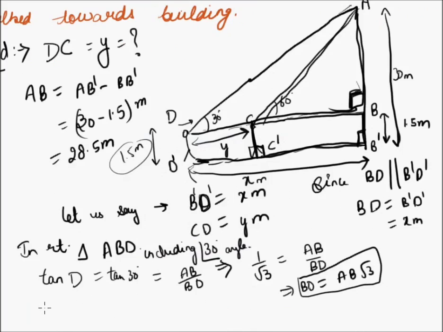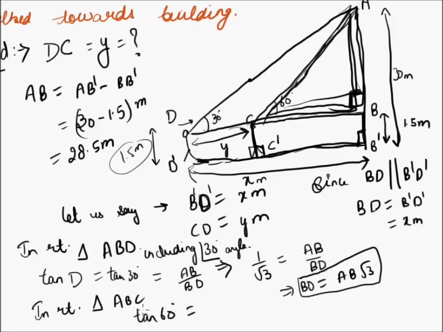Similarly, in right triangle ABC, that is this triangle, we have tangent 60 degree. We are using tangent because we have AB common in both the triangles, and it can be used to our advantage by taking tangent of the angle.